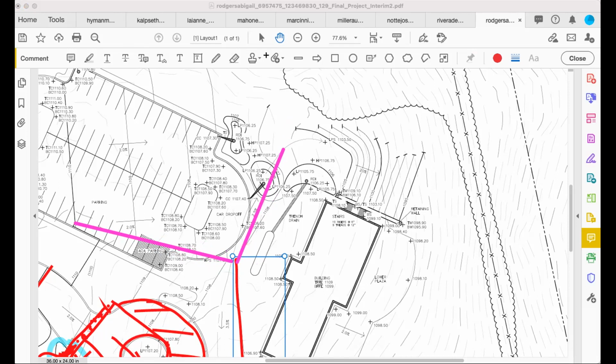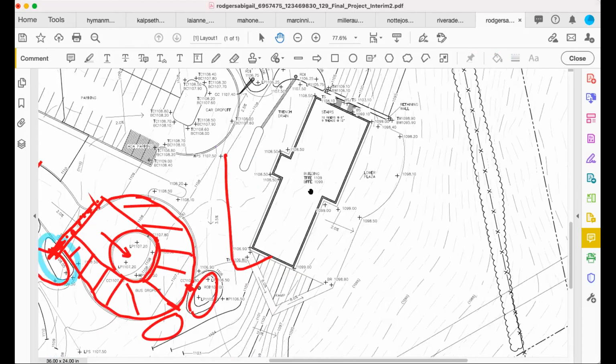Then, I don't quite remember what I talked about last time, but if it makes sense, I would try to do this.